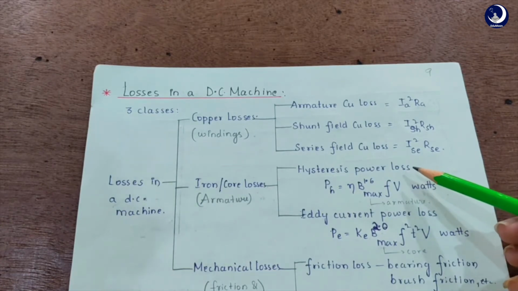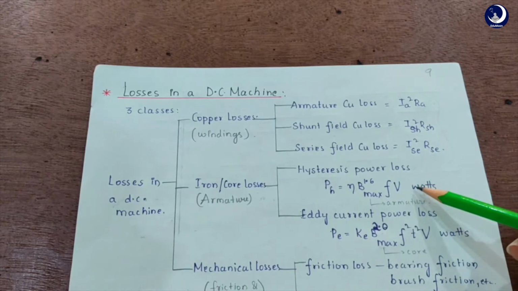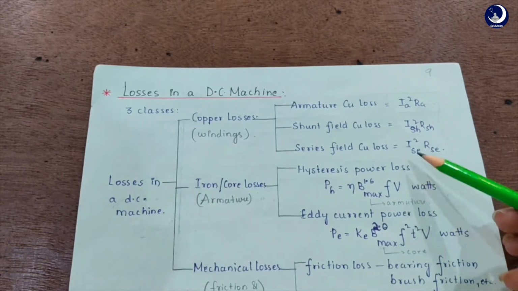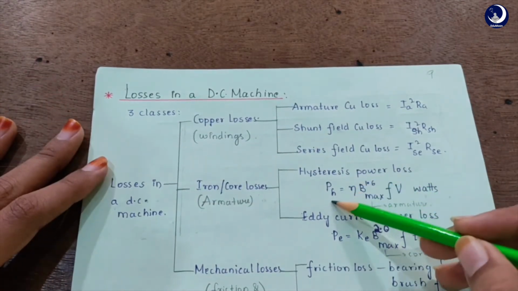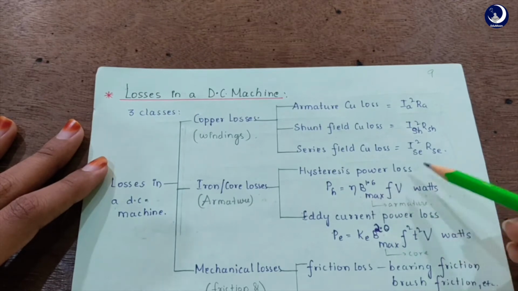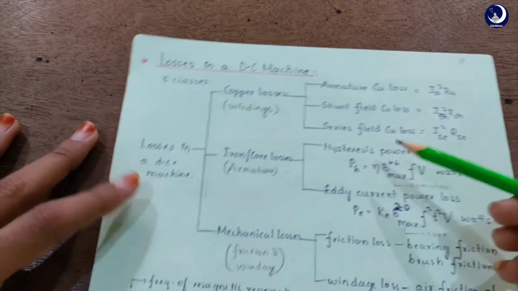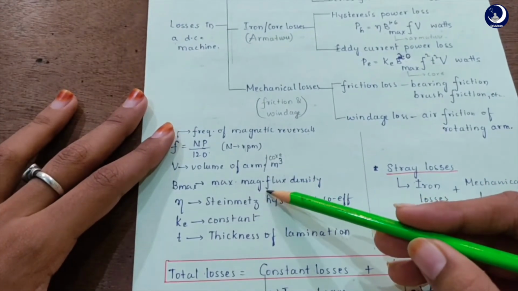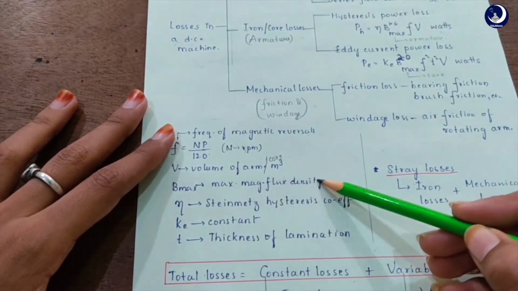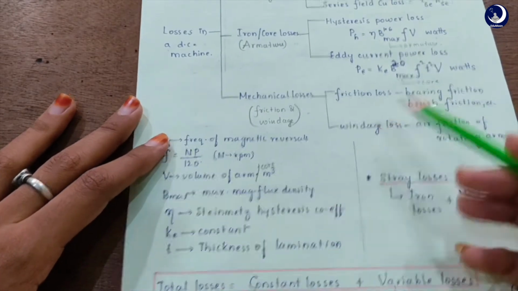There are a number of continuous magnetic field reversals in the armature, and so the hysteresis power loss Ph is eta into B max to the power 1.6 into f into V watts, where B max is the maximum magnetic flux density in the armature.